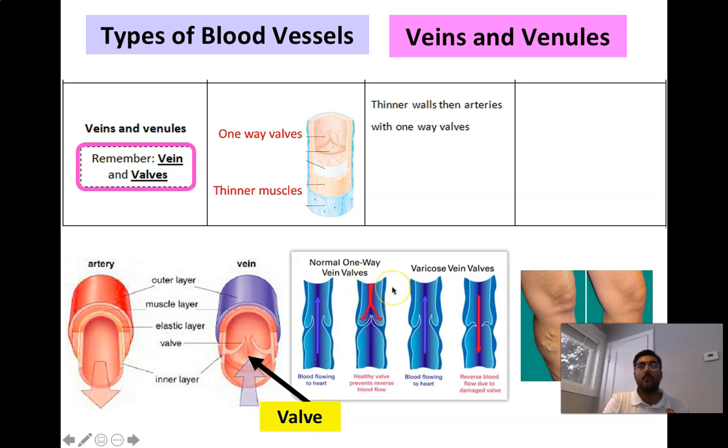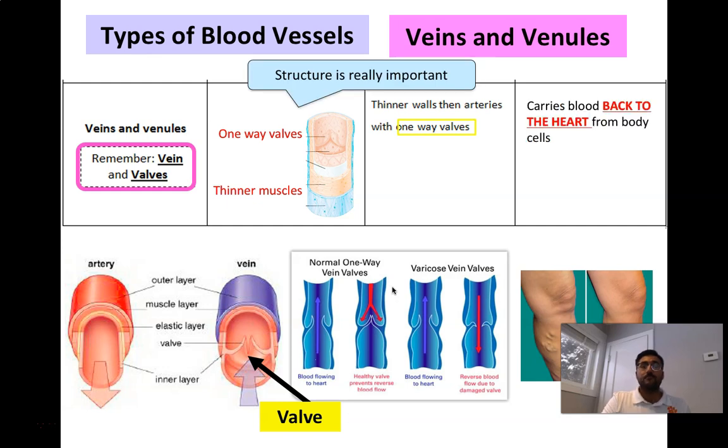Now, we have veins to bring blood back to the heart. We have valves in the veins because the pressure is low and we don't want blood to back up and pool in our legs and extremities that are lower against gravity. And so we can get something called varicose veins. Varicose veins happen in older people, and in people that are less fit.